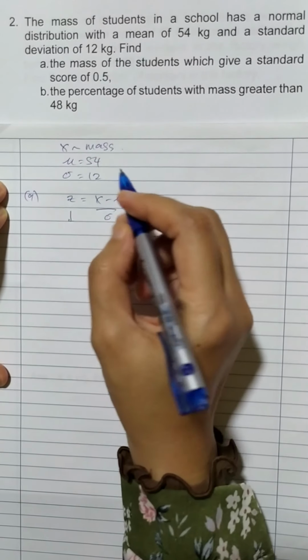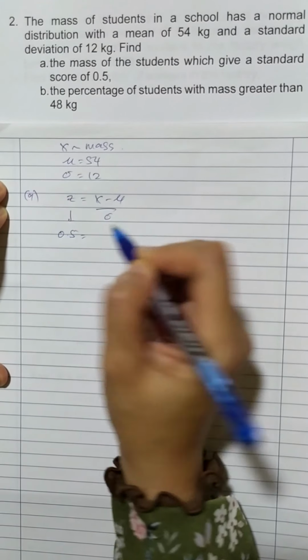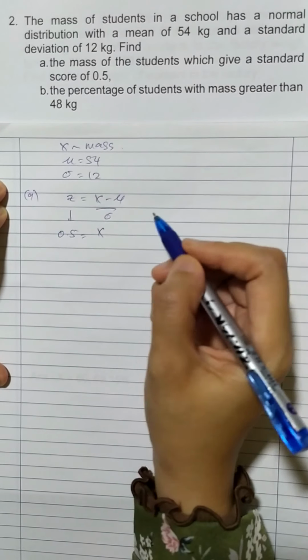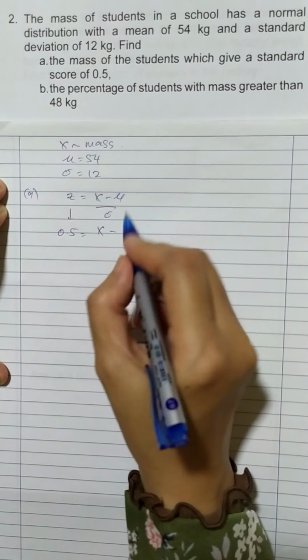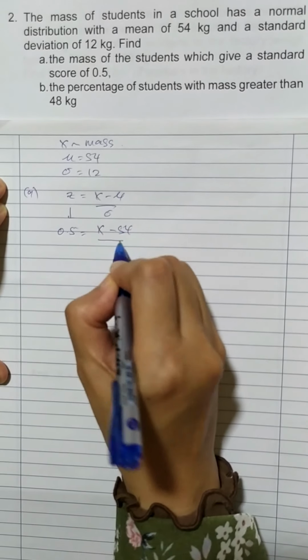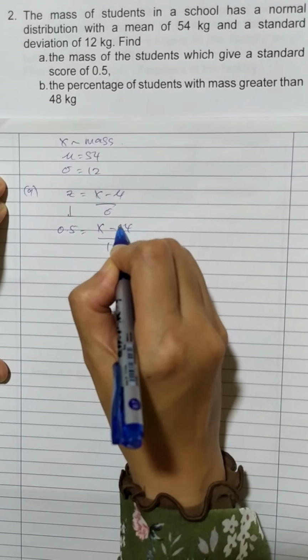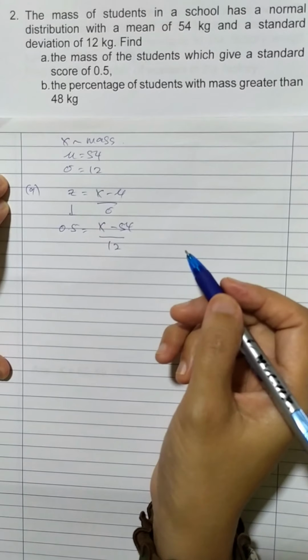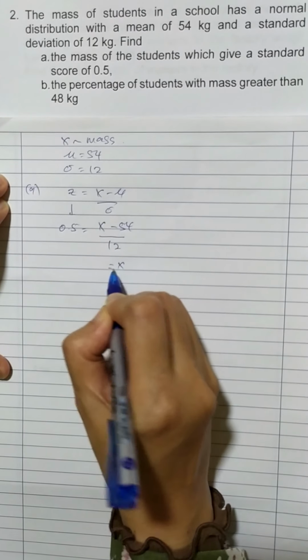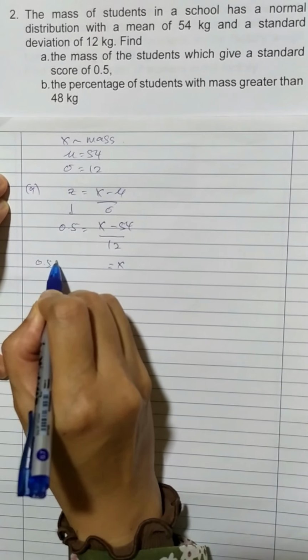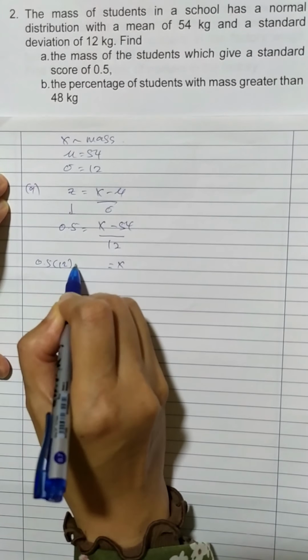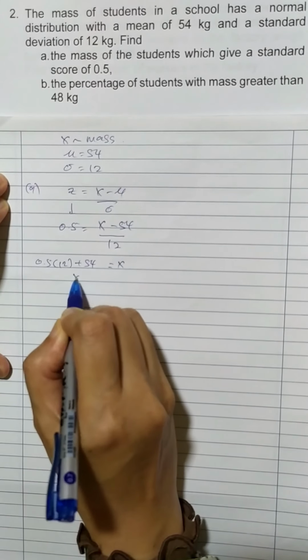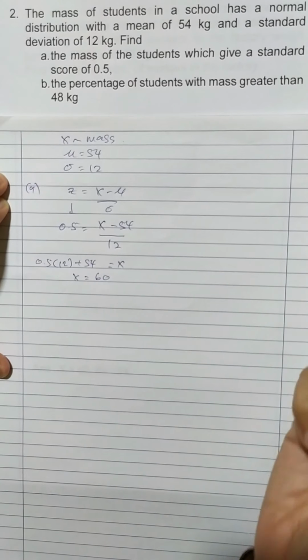Z is 0.5, and we are going to find X, with mu 54 and standard deviation 12. So X equals 0.5 times 12 plus 54, so X equals 60.